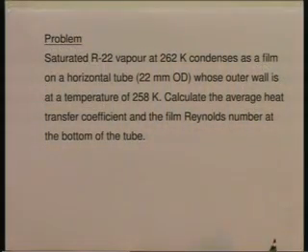Now, let us do a problem just to illustrate the use of this expression. The problem we are going to do is the following. Let me read it out slowly.